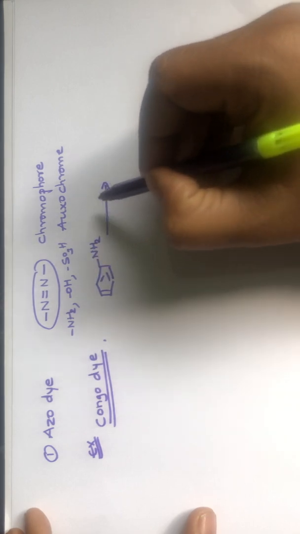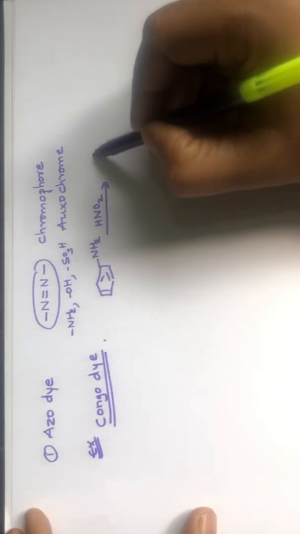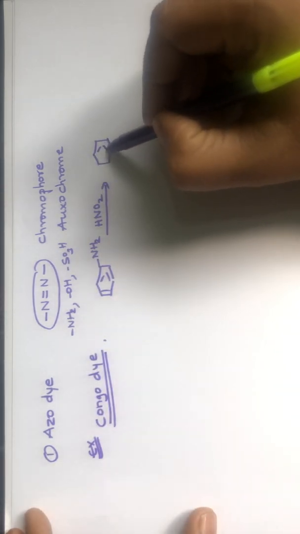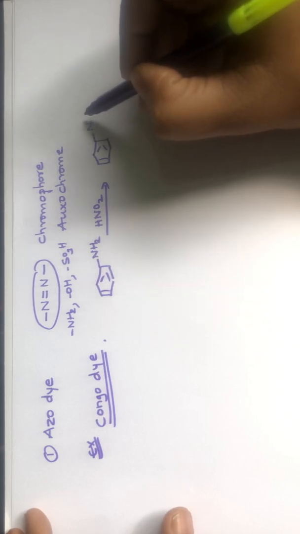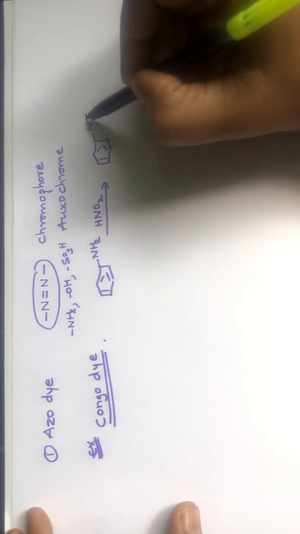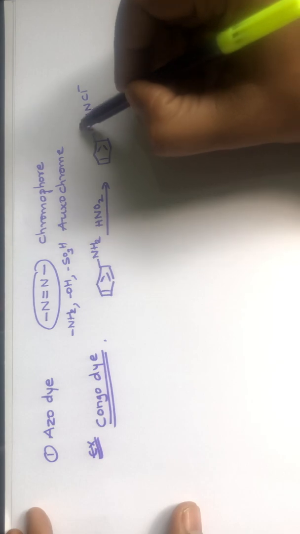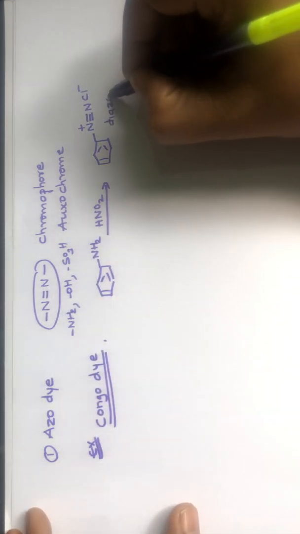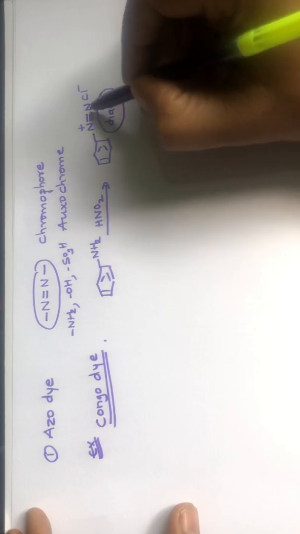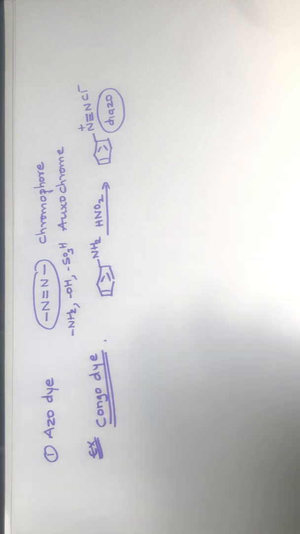If aniline is treated with HNO2, nitrous acid, the NH2 group gets converted into N2 plus Cl minus. This is called diazotization. Diazo means two nitrogens are there. This process is referred to as diazotization, and the compound is called a diazonium salt.